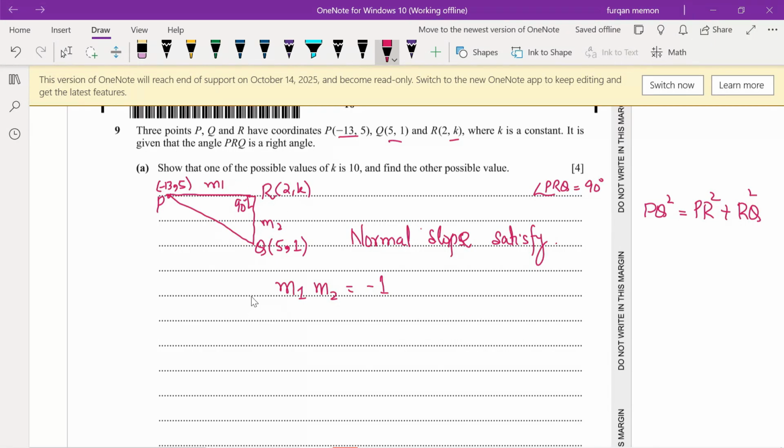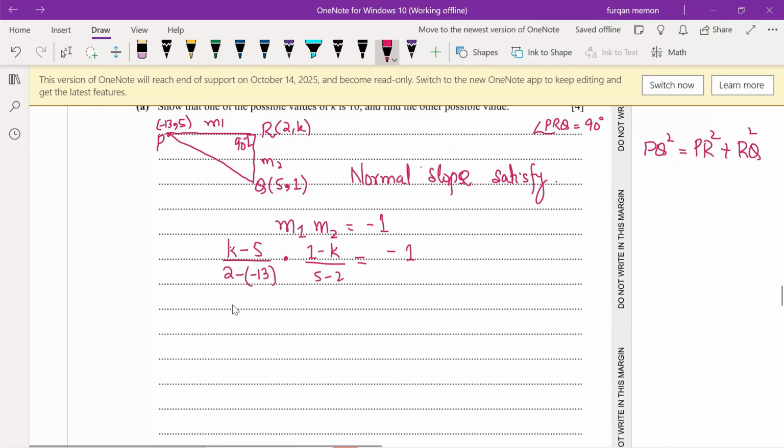The slope m1 is (y2 minus y1) over (x2 minus x1), so (k minus 5) over (2 plus 13), times m2. The slope m2 is (1 minus k) over (5 minus 2), and the product is equal to negative 1.